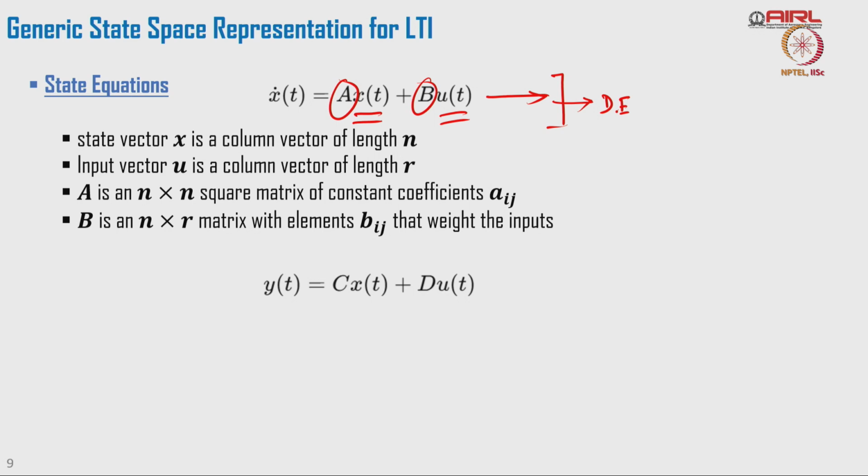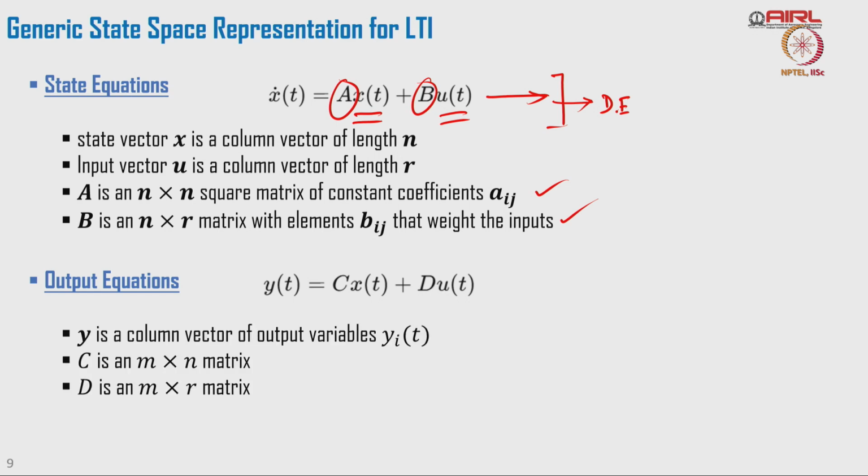A is the state matrix and B is the input matrix, and each has its own dimensions accordingly. The second one is the output equation, which has the form y(t) = Cx(t) + Du(t).